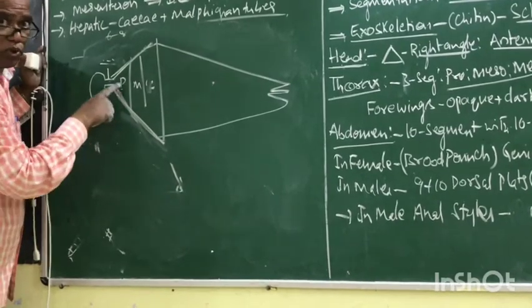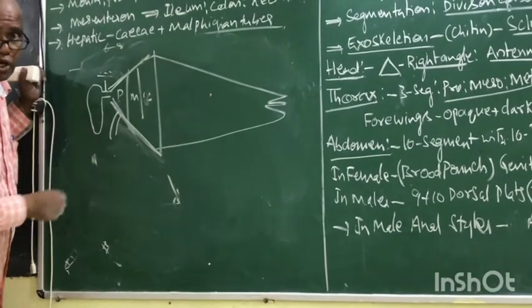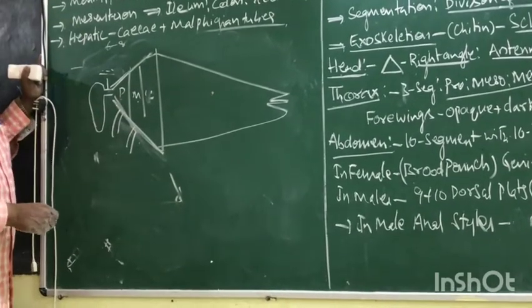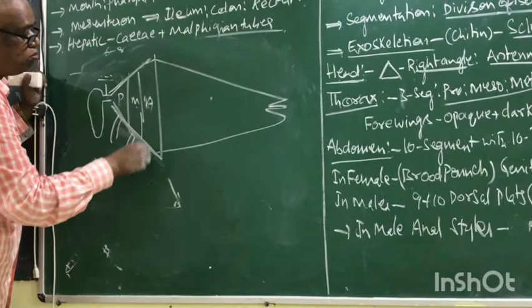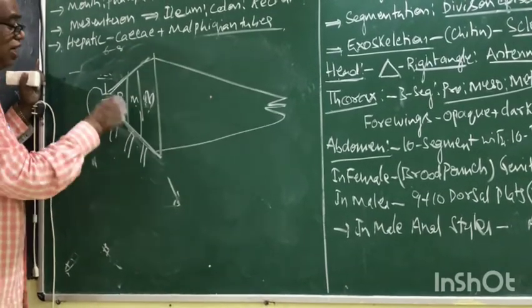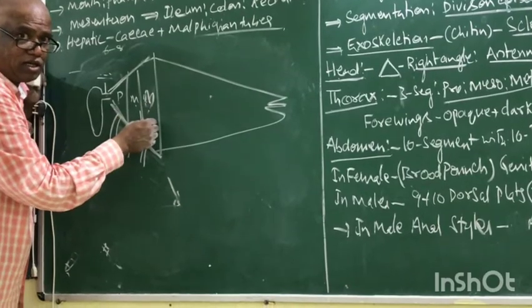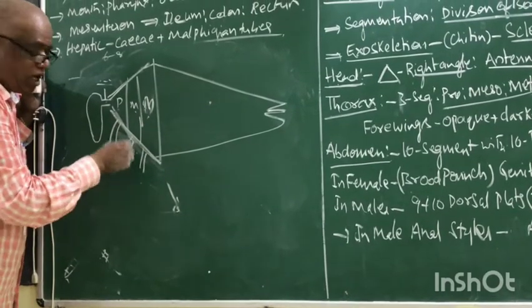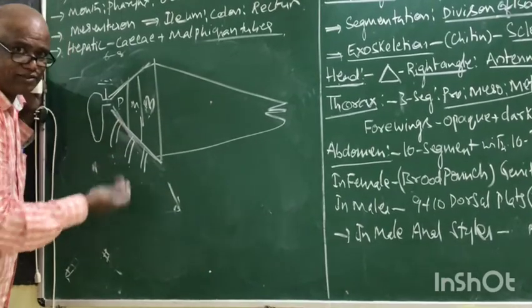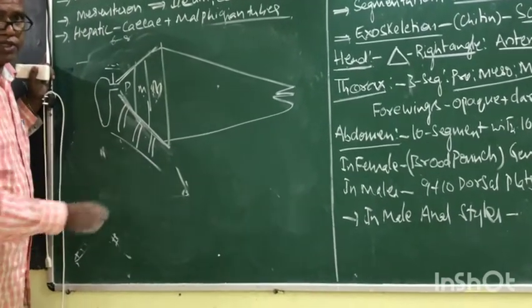Ventral of prothoracic, a pair of legs. Ventral of mesothoracic, a pair of legs. Ventral of metathoracic also, that means each segment of the thorax forms a pair of legs ventrally. Three pairs of legs.